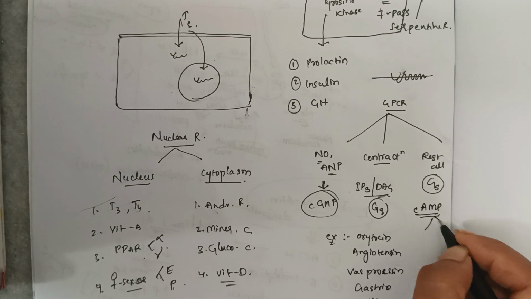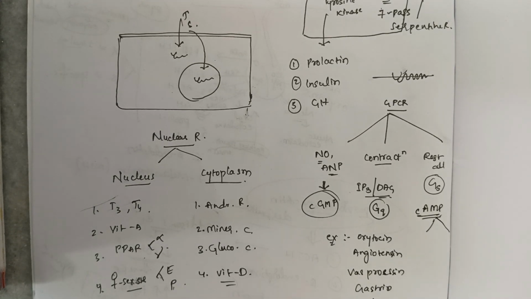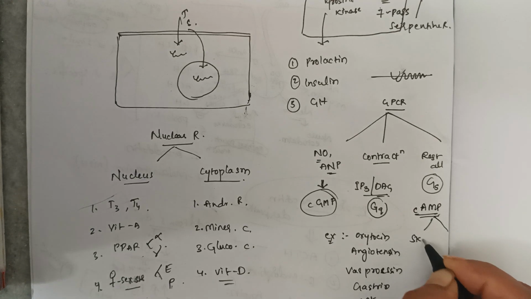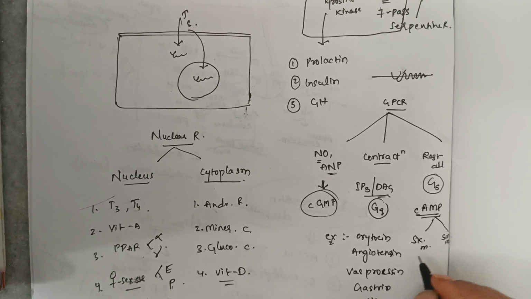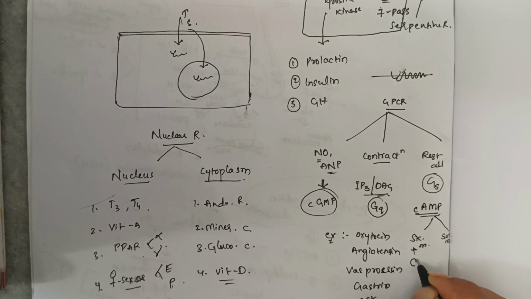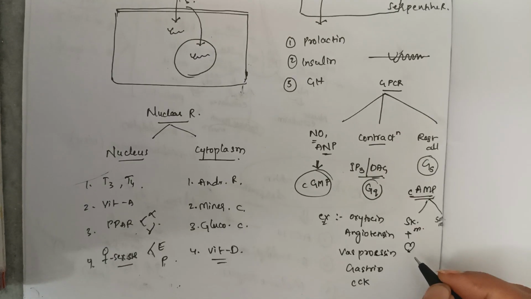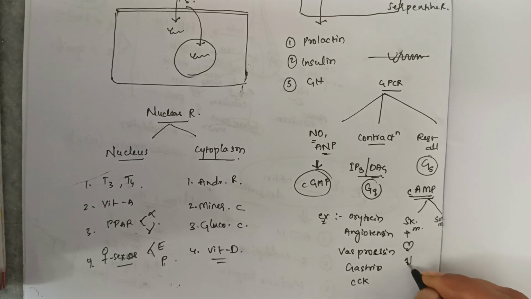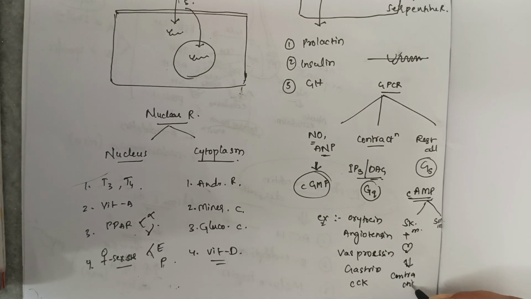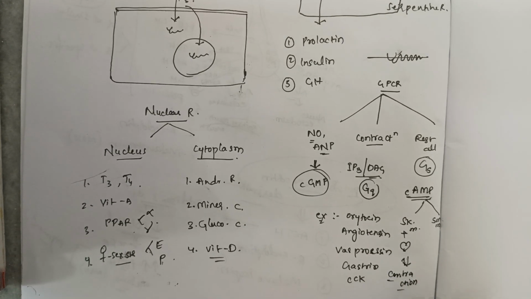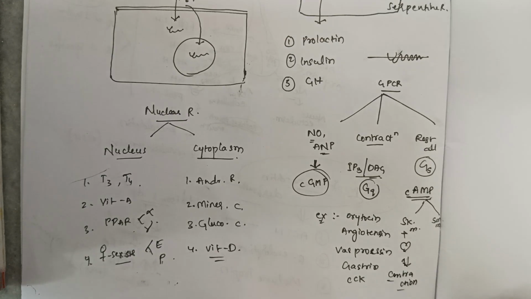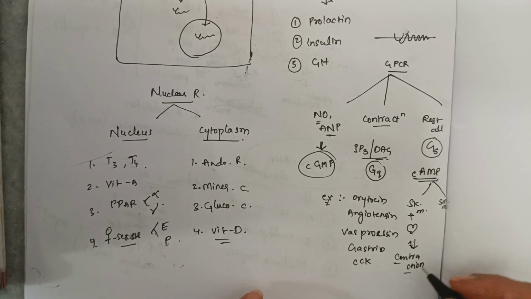In this, we have action on two types of muscles, skeletal muscle plus cardiac muscle. By acting on the skeletal muscle and cardiac muscle, it causes contraction of muscles. Therefore it increases heart contractility, and there is tremor.